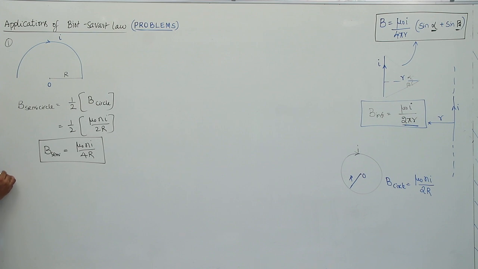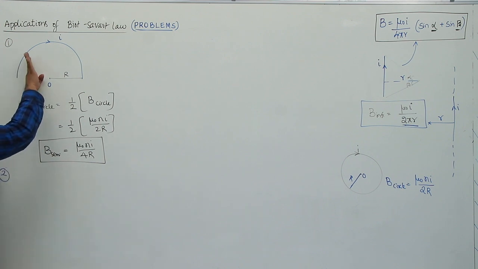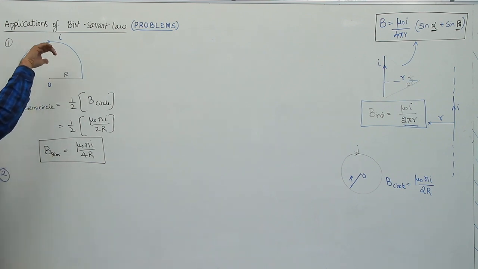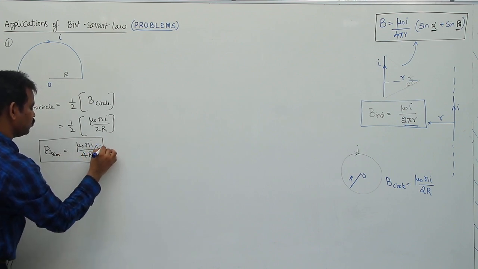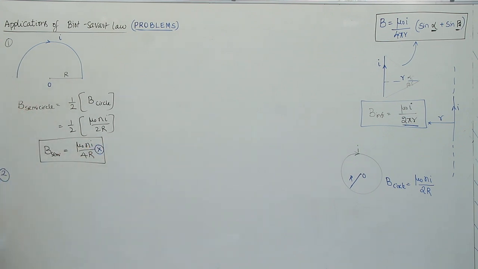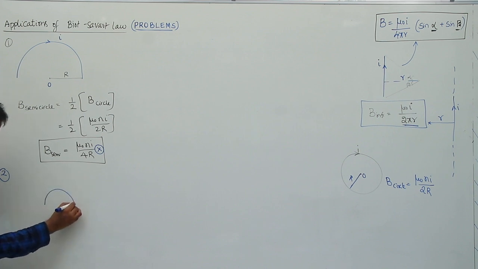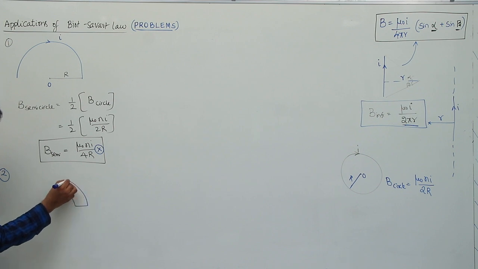Similarly, if you take the second problem here, once again I am telling, the direction of the magnetic field, whether it is into or out of the board, is always indicated after writing this expression, based on the direction of the current. Now, here one more problem, it is given such that this is a semicircular coil, this is another semicircular coil, which are joined together here.